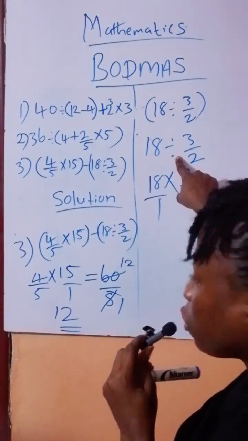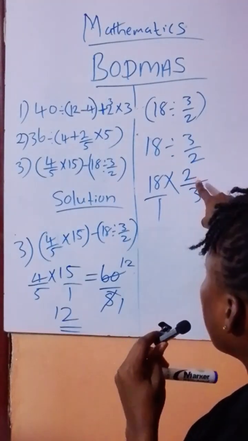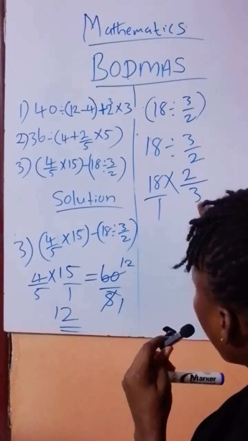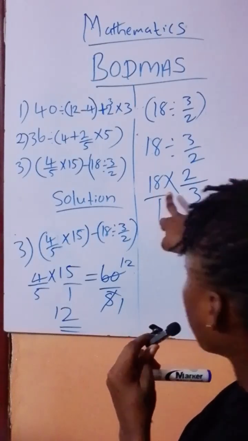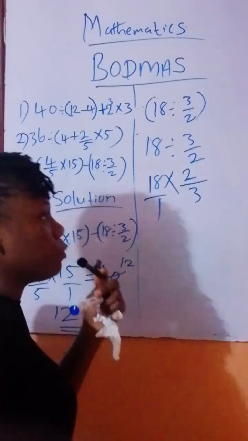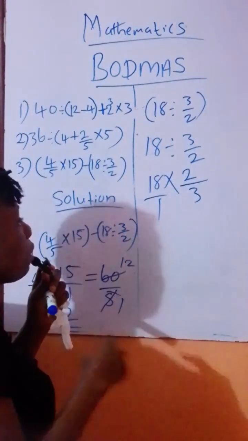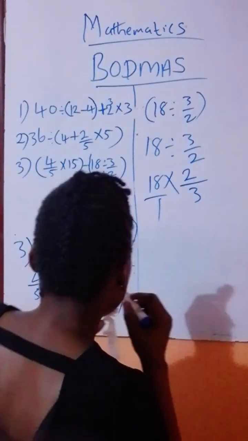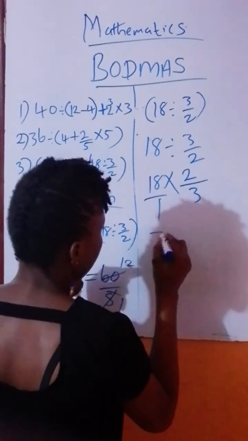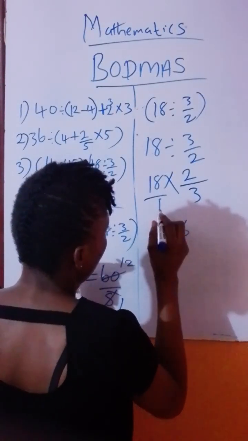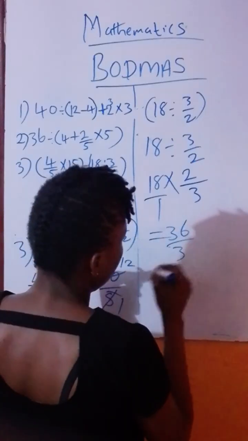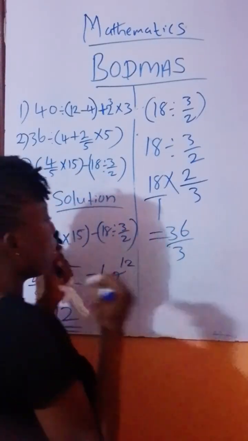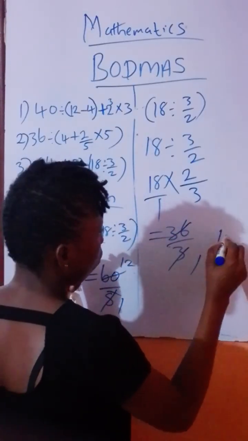When the division sign changes, we are left with 18 times 2, which is going to give us 36. 1 times 3 is going to give us 3. That means 3 here, 1. 3 in 36 is going to give us 12.